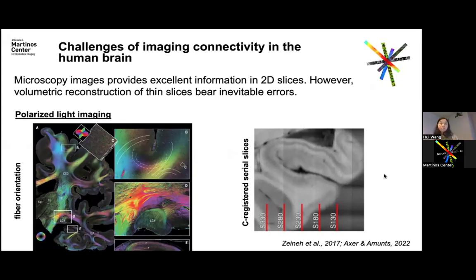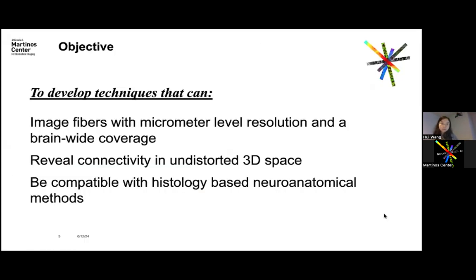This is a stack of the slices put together from the study. Across slices, it's very hard to track the individual fibers continuously because of this distortion. The fibers are shifted between slices on the histological images. So that imposes a challenge in 3D reconstruction of fiber pathways.